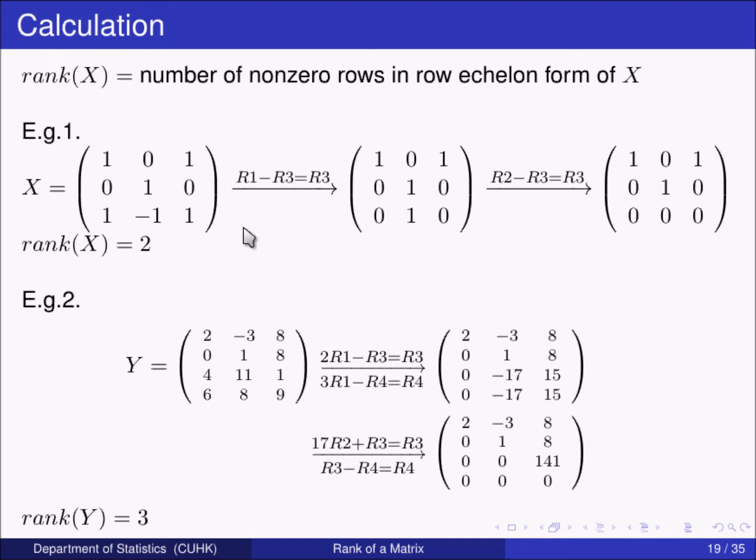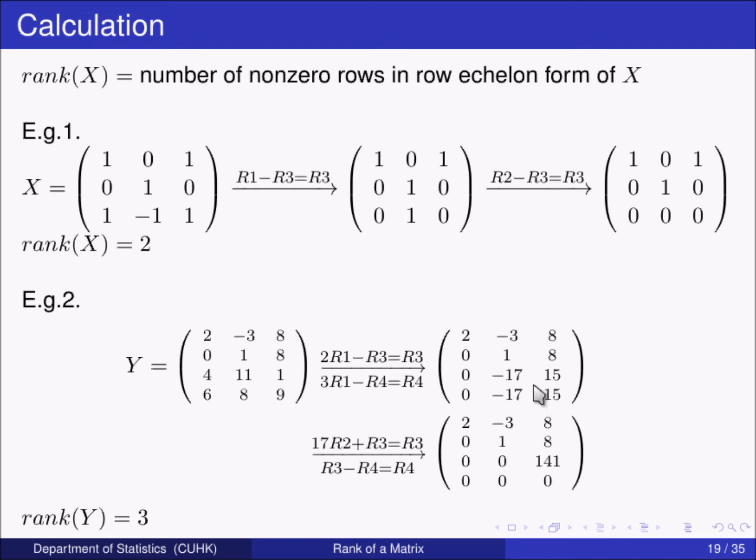Let X be this matrix. We first subtract row 3 from row 1 to replace row 3. Then subtract row 3 from row 2 to replace row 3 again. We now obtain the row echelon form of X. Then, the rank of X is the number of non-zero rows, which is 2. Now let's consider Y. We first perform similar transformation to obtain this matrix.